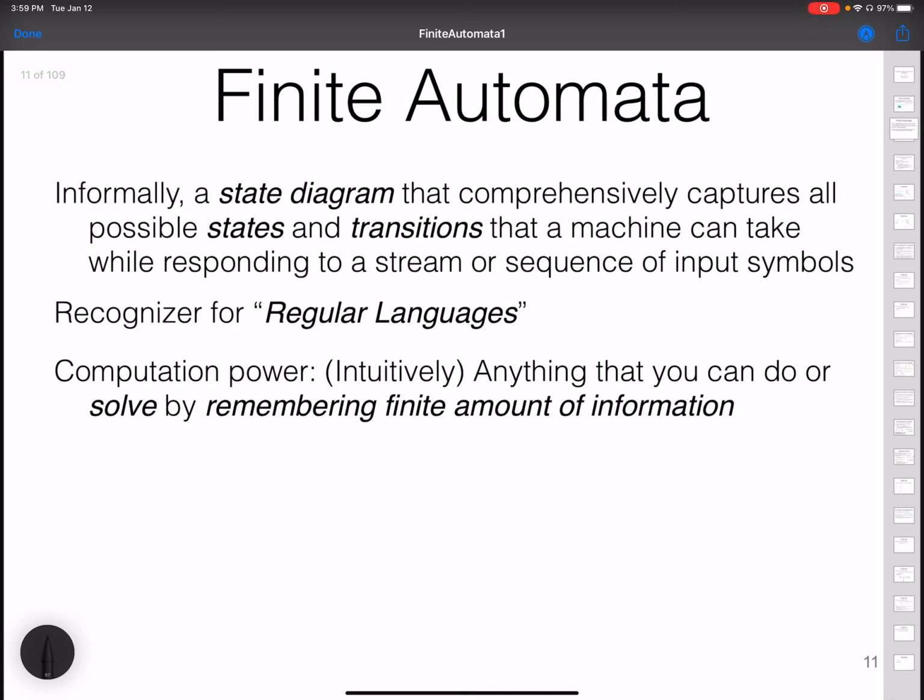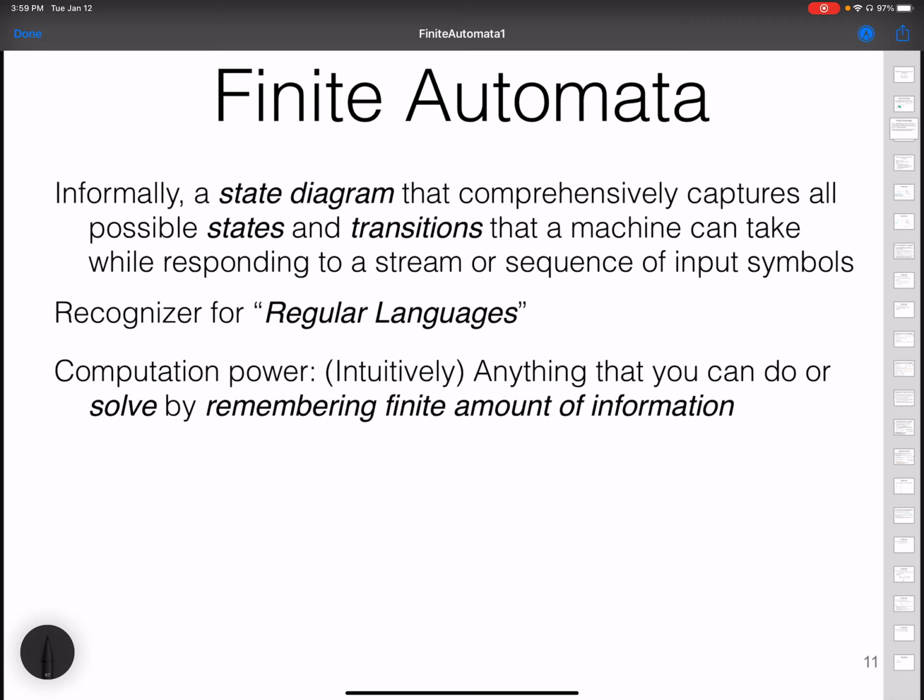What is important here is that finite automata, this type of machine with this amount of computational power, which is only a finite number of states and only being able to read the input once, are going to accept a set of languages.